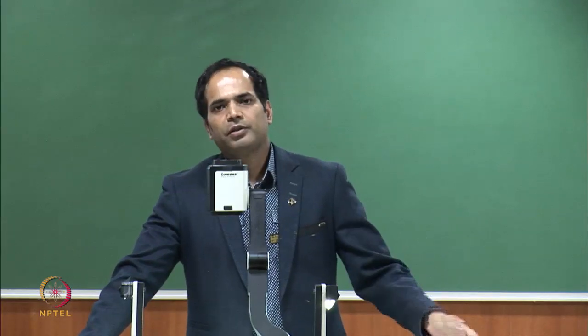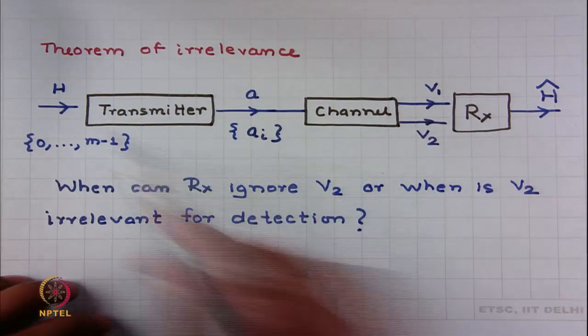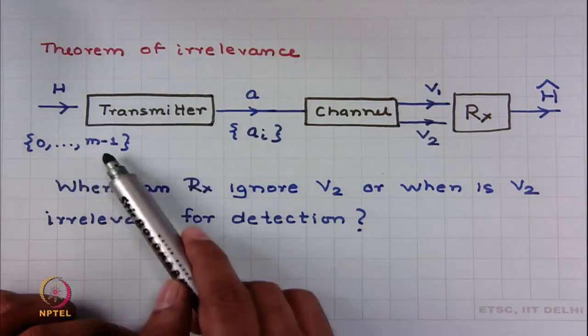Now, we have to go to waveform detection, and to go to waveform detection we have to look into what is known as the theorem of irrelevance. This will be a useful theorem if we try to understand how a detector takes care of waveforms. So, let us start. Let us assume that I am having M hypotheses.